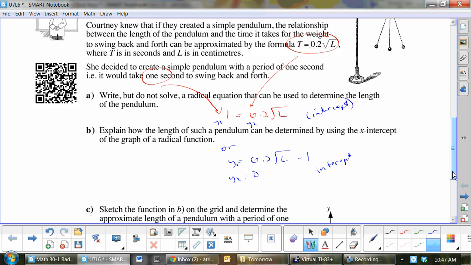Put your X max like 40. Get it? Yeah. So you should get an L of 25.